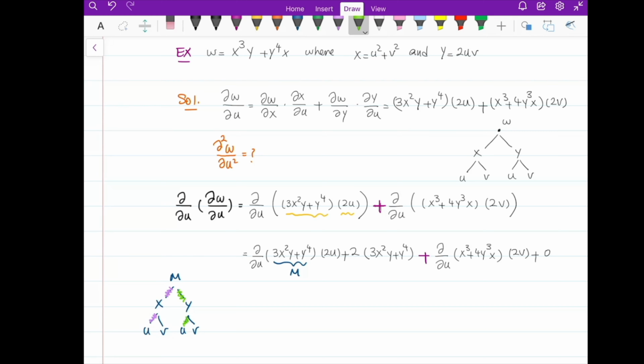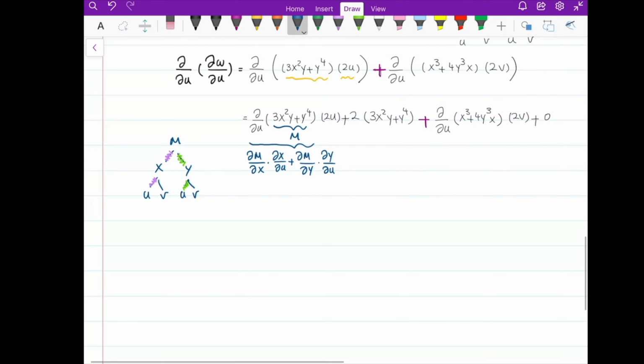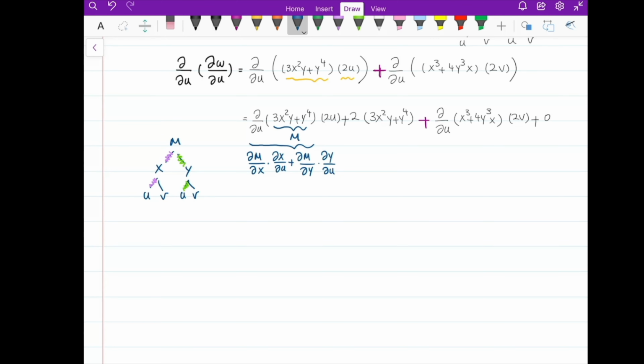So I have what? For this part, I can have derivative of m with respect to x, derivative of x with respect to u, plus derivative of m with respect to y, derivative of y with respect to u. You see? So now what is derivative of m with respect to x? It is just 6xy times derivative of x with respect to u.